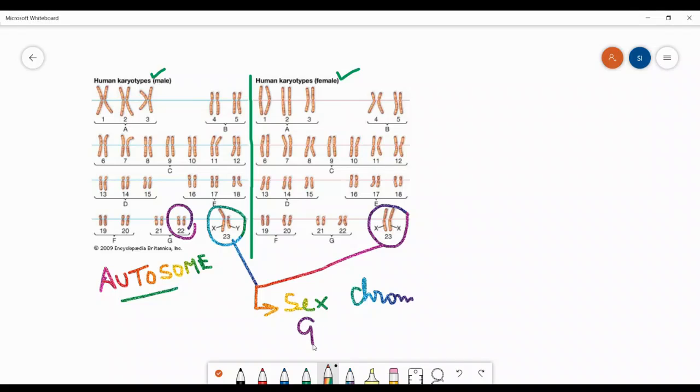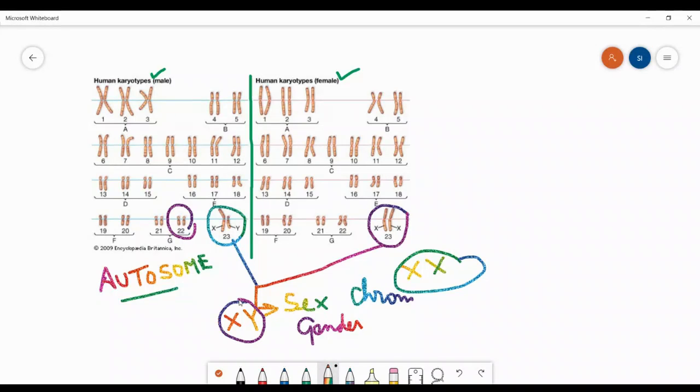Gender. So male, as we saw, have XY. XY is male and XX is female.